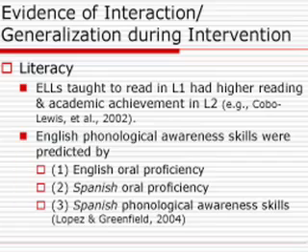And here's at least some of the evidence. If we look at literacy, for example, ELLs taught to read in L1 had higher reading and academic achievement in L2. English phonological awareness skills were predicted by English oral proficiency, not surprising, but also by Spanish oral proficiency and Spanish phonological awareness skills.